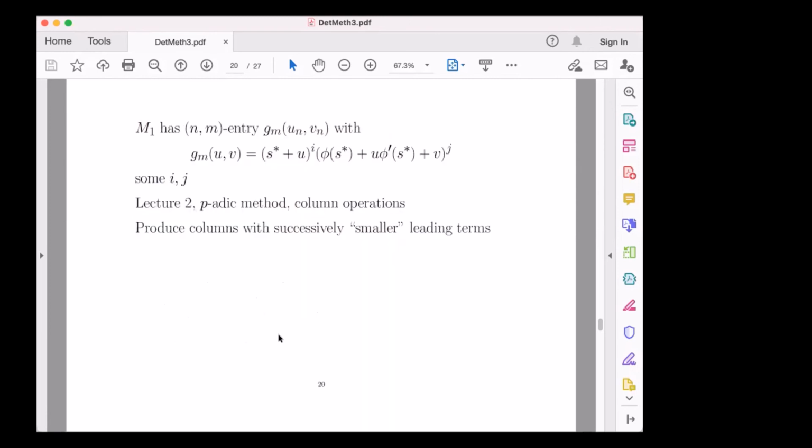And that means that the terms in our matrix, which had originally been S to the i times T to the j, are now this shape, S star plus U to the i, and this linear function to the power j. So the entries in the matrix are just these simple polynomials in U and V.